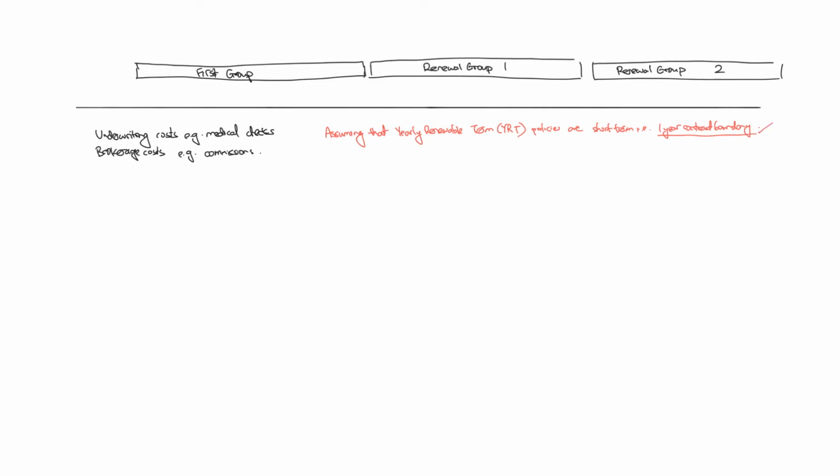Just assume that. Under this example, what we need to do is go through and look at all of these costs associated with the first group, and also those that help us get the rights to the renewals of groups 1 and 2. So let's assume that you identified the total cost of all of this as 900.